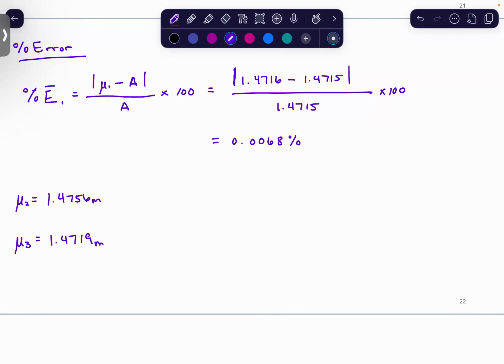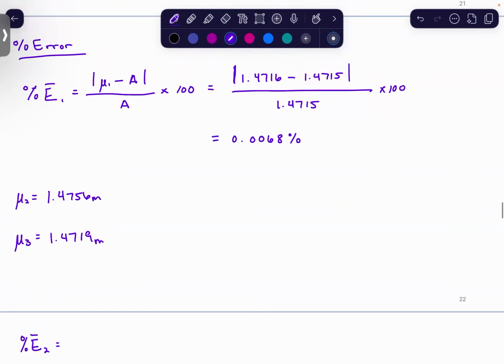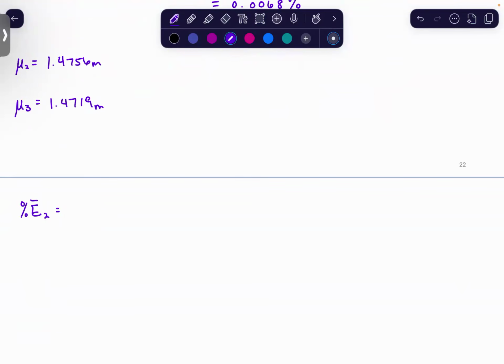So that means that our percent error for student 2, and again, your actual value doesn't change, is going to be 1.4756 minus your value for the actual, 1.4715.